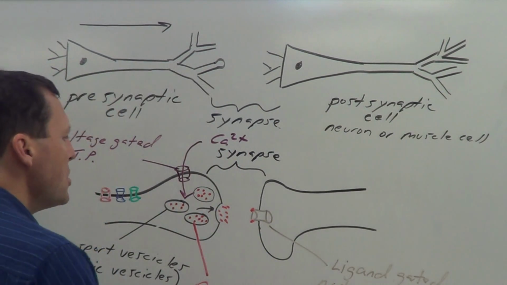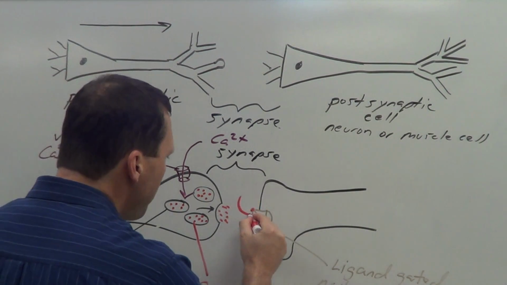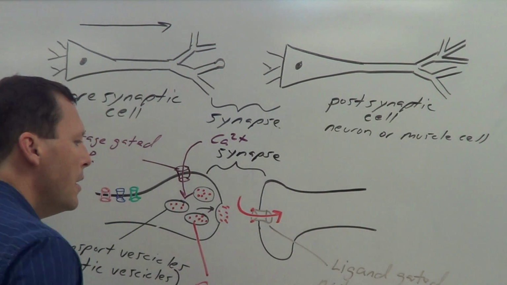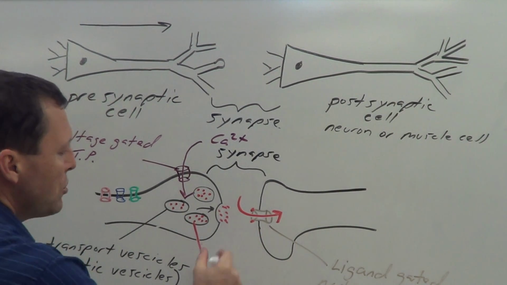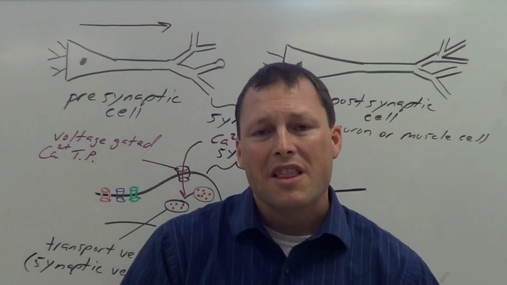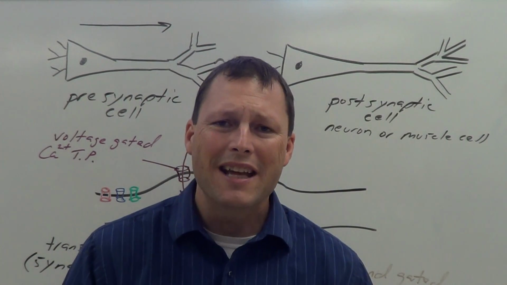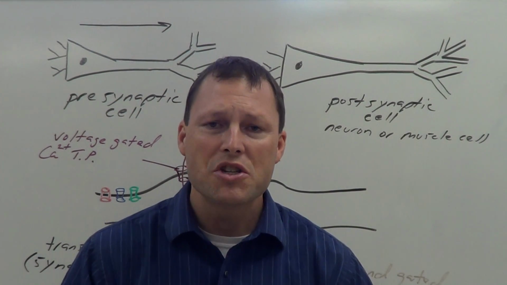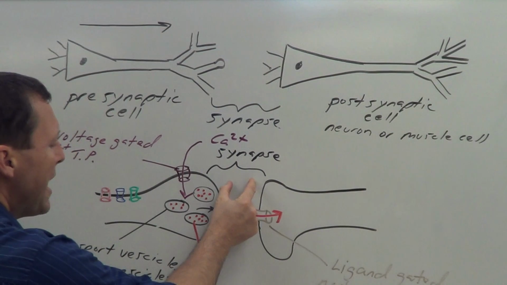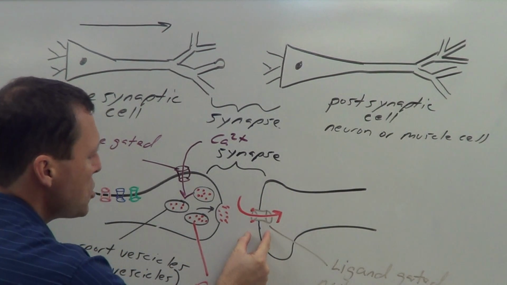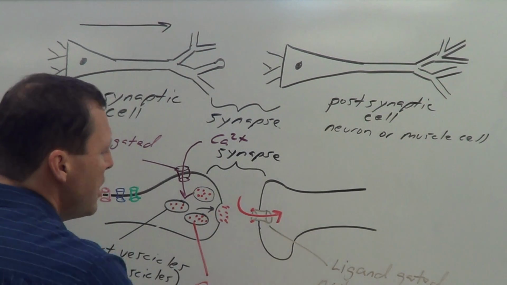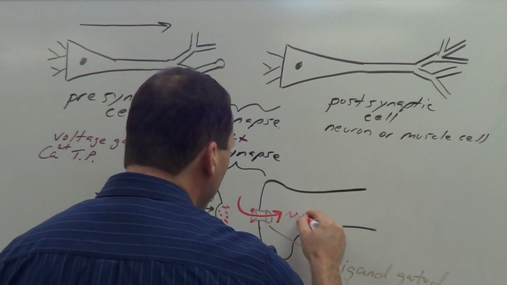And when that happens, the sodium is going to pour into the postsynaptic cell. Now, just like action potential, there's a lot of sodium outside the cell because of the sodium-potassium pump. So there's lots of sodium outside the cell and very little inside the cell. So when you open this transport protein, the sodium is going to flow in.